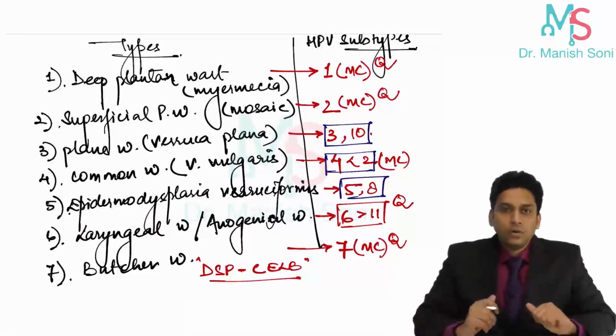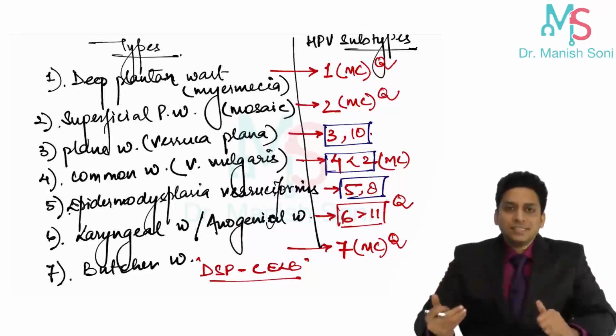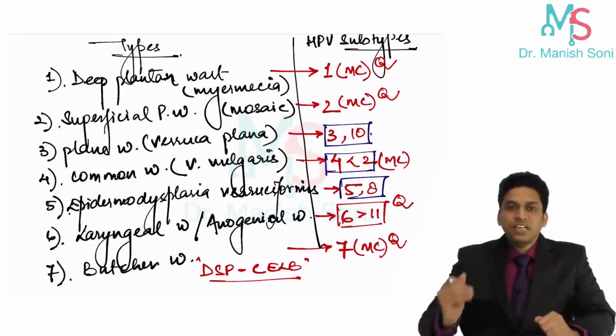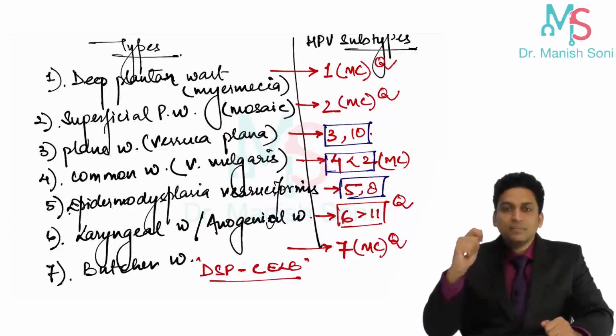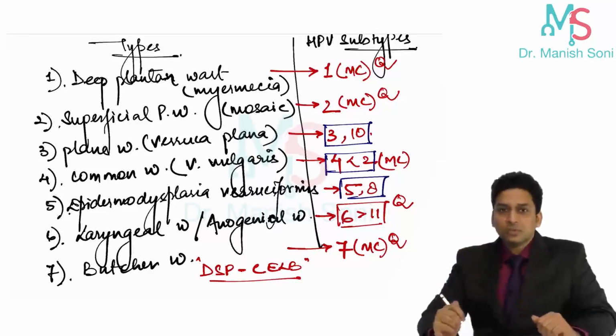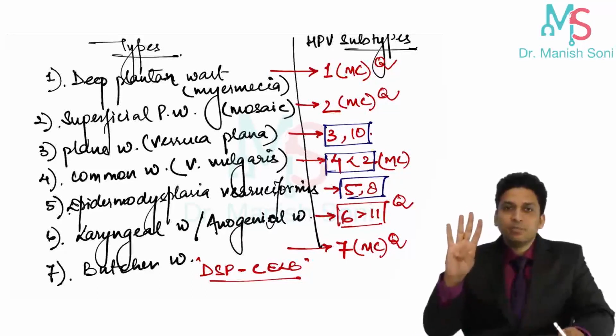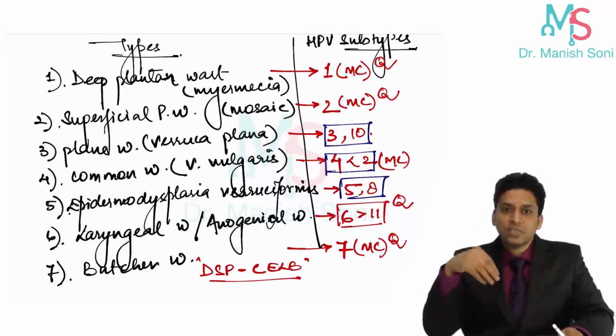Okay. Now, if you see last year's questions, you will find that when NEET was conducted for the first time, that was in 2012, the last paper, which was on 6th December, in that paper there were 6 questions which were asked from dermatology. And out of those 6 questions, 4 were based on HPV subtype. So 4 were from this table.